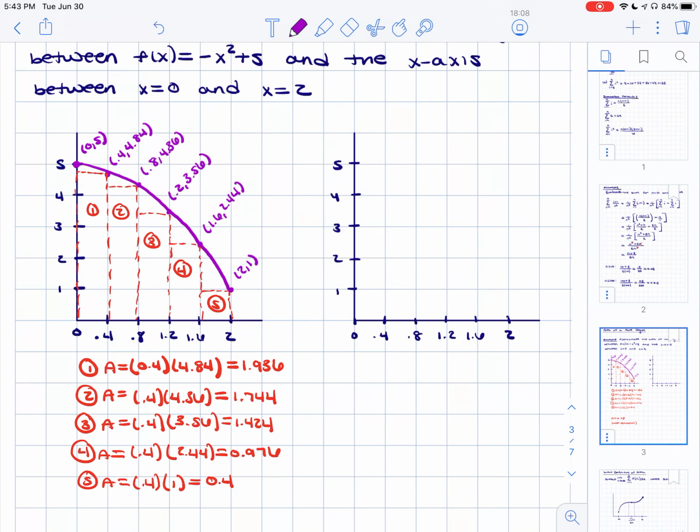Our points that we found previously were 0, 5; 0.4, 4.84; 0.8, 4.36; 1.2, 3.56; 1.6, 2.44; and 2, 1. So same points that we found a minute ago.